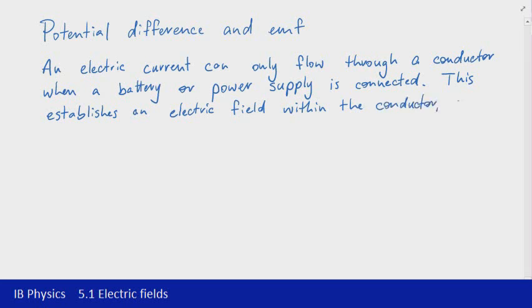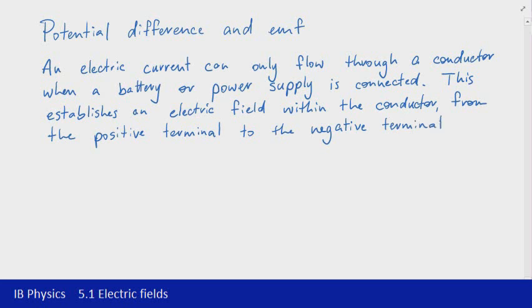And the way that that's going to be established is that it's going to be from the positive terminal of the battery or power supply through the conductor itself to the negative terminal. So that's the direction of the electric field, and as a result, as I said, that means that the charge carriers are going to experience a force, and that's going to cause the charge carriers to move.